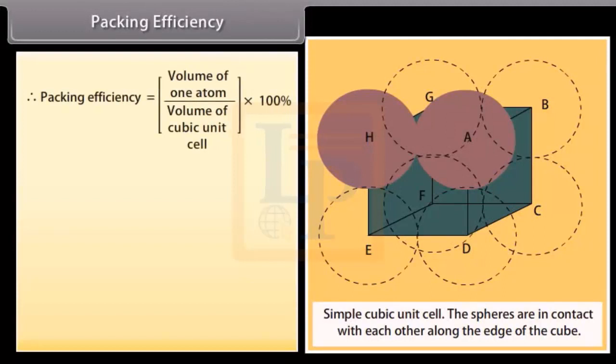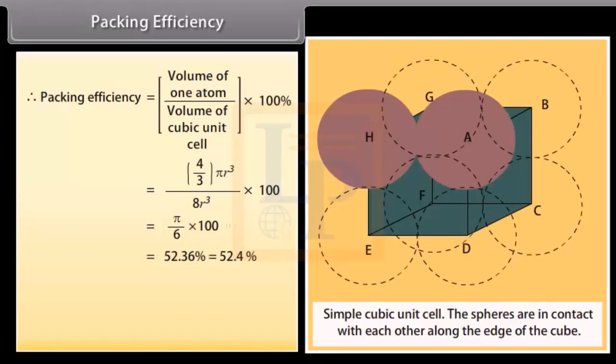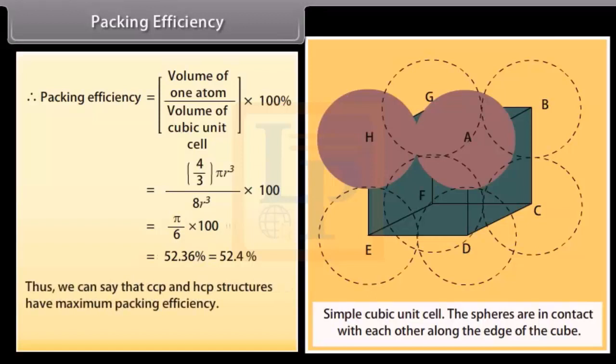Therefore, packing efficiency is equal to volume of one atom upon volume of cubic unit cell into 100%, which is equal to 4/3 pi r cube upon 8r cube into 100, which is equal to pi upon 6 into 100, which equals 52.36%, which is equal to 52.4%. Thus, we can say that CCP and HCP structures have maximum packing efficiency.